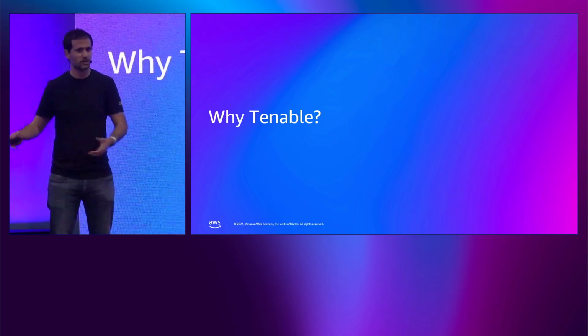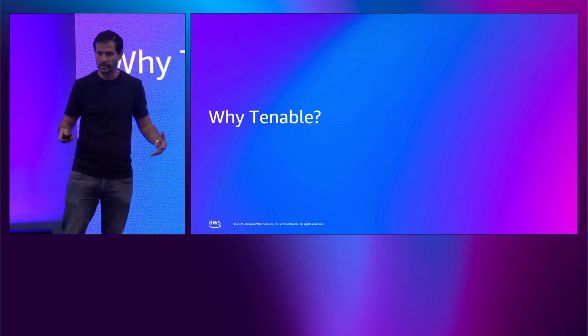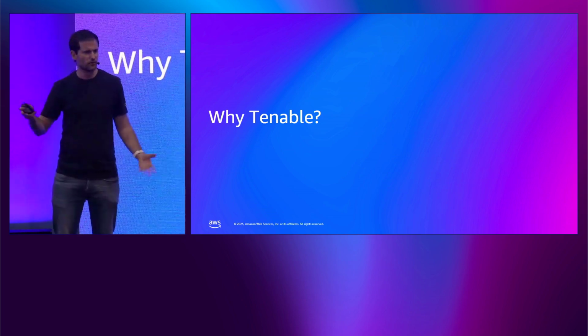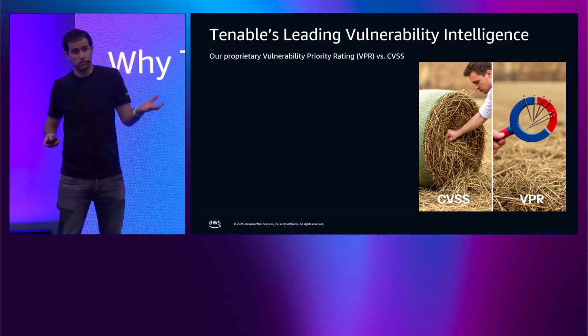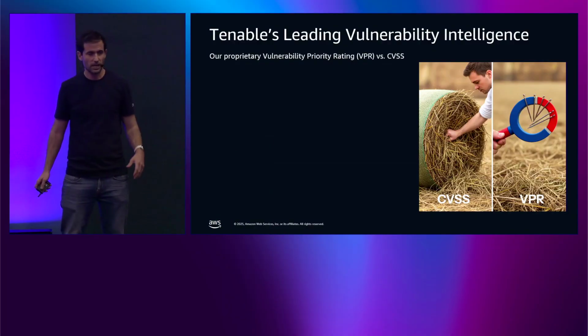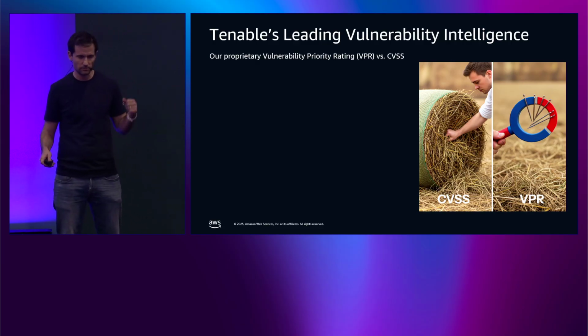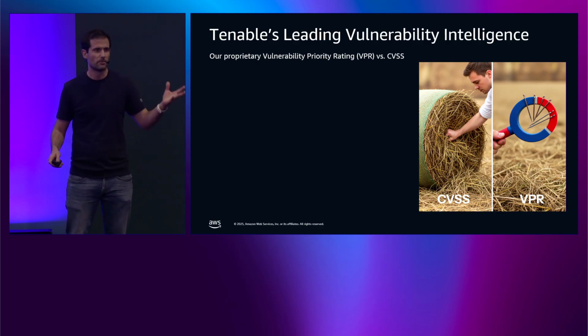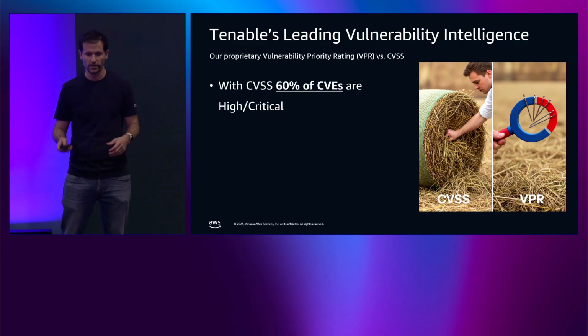So we have challenges. Why I believe we're a great vendor to solve these challenges. Tenable is a leader for over 2 decades in the vulnerability management domain. And why is that? We have really, really good vulnerability intelligence, which helps you prioritize what vulnerabilities you need to solve first.